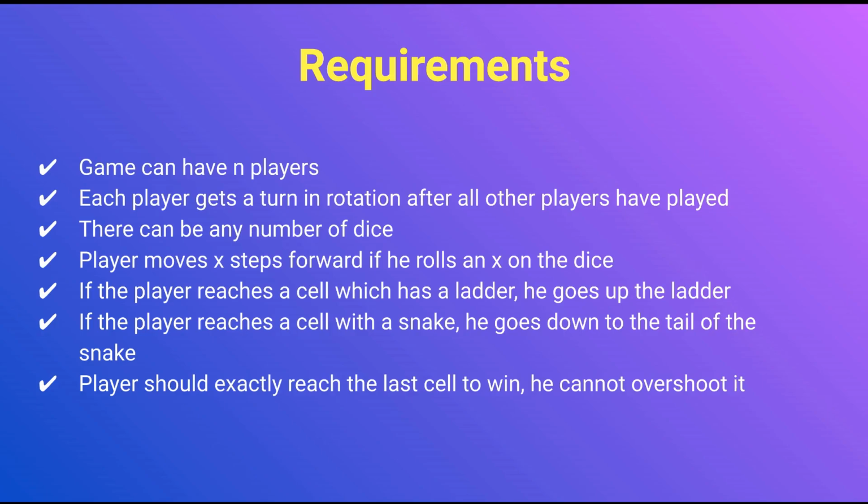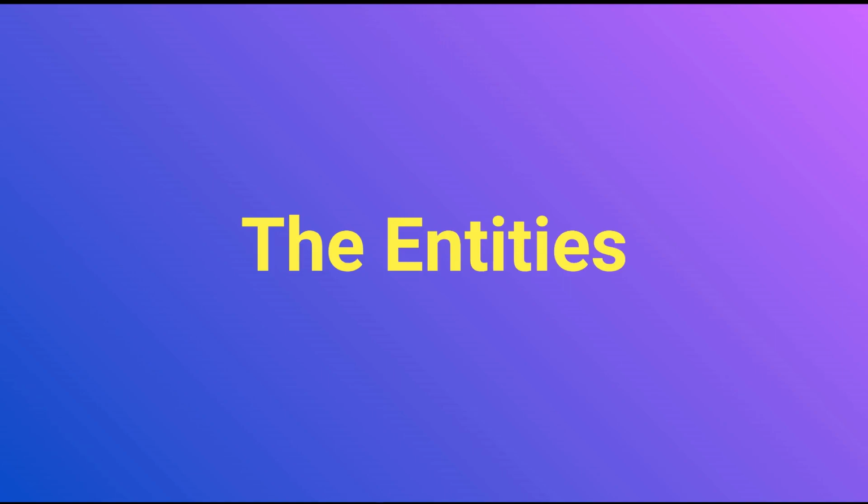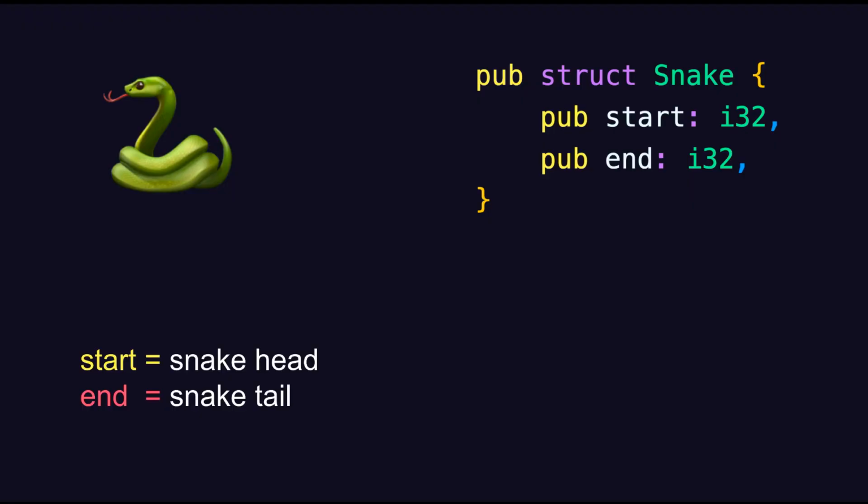He cannot overshoot it. The first entity we have is snake. It only has 2 fields, the start and the end position. The start is the snake head and the end is the snake tail. When you reach a snake head, you move down in position, so the end should be less than the start position.